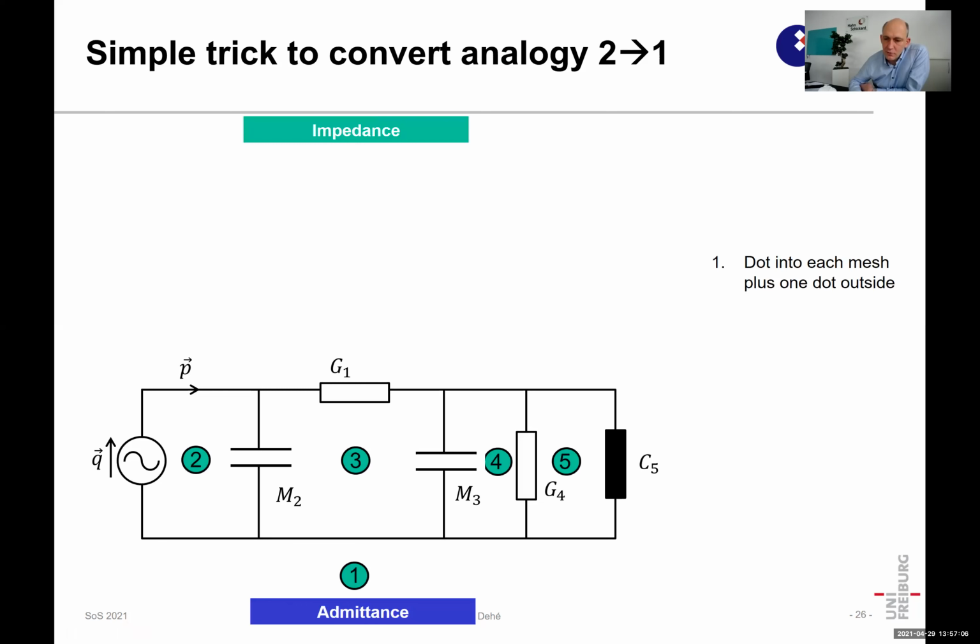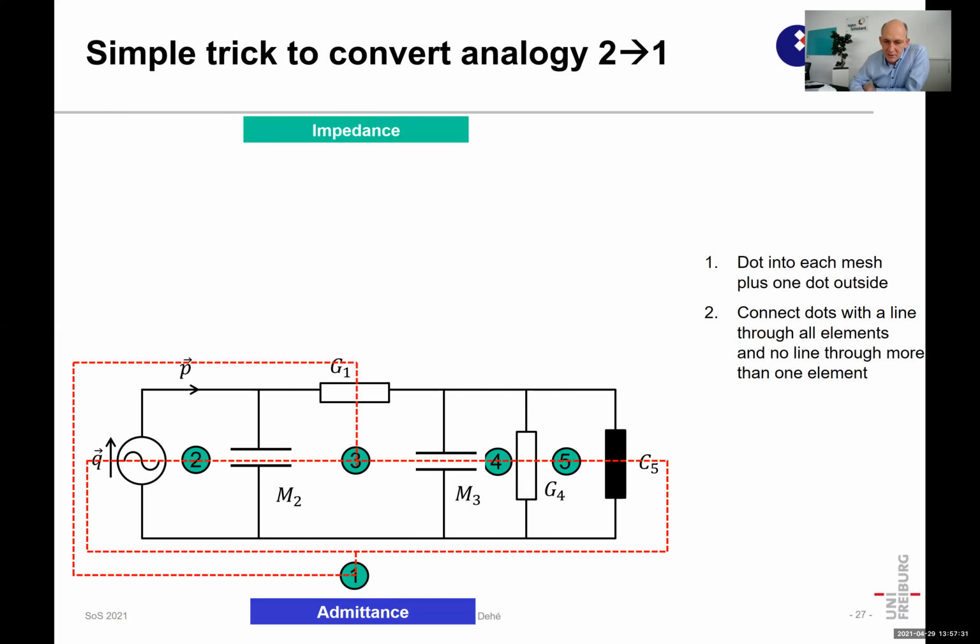So there's a simple rule that if you want to do this graphically, you put in dots for each of the meshes. These are the meshes here in the circuit diagram, one outside. Then you define all those meshes, and these mesh numbers are later the nodes of the inverse circuitry in the impedance situation. Secondly, you draw lines which go through all the passive or active elements and each one of those nodes.